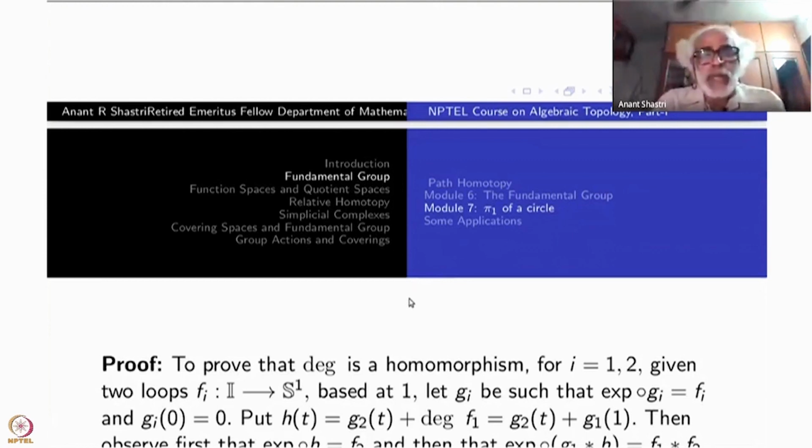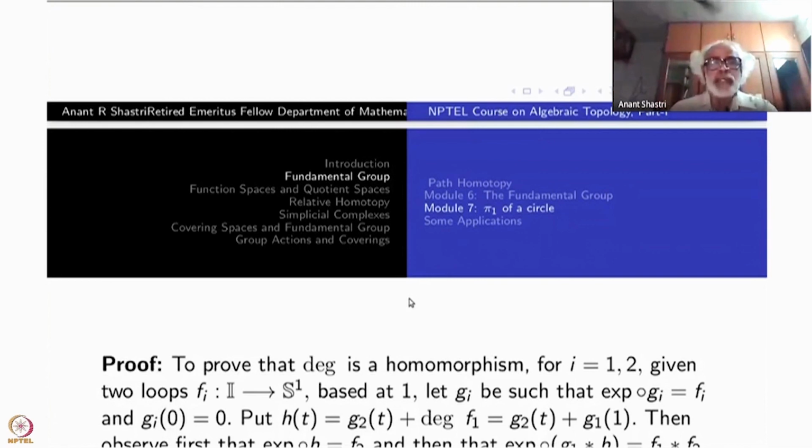Then the end point of G1 is degree of F1 and of G2 is degree of F2. So what we have to show is that the sum of these is the degree of F1 star F2, the composition of paths inside S1. So that's what we have to show.